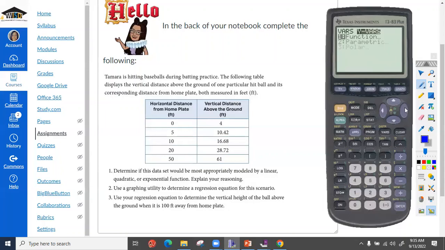And you would go Vars, Y-Vars, and I want to make it a function, and I want it to store it in Y1. What this does is it allows the calculator to graph the exact function for you. Okay, so it takes the graphing off of my hand and it puts the exact function in there for me. I'm going to hit enter, and it says, well, here is your best matched equation.